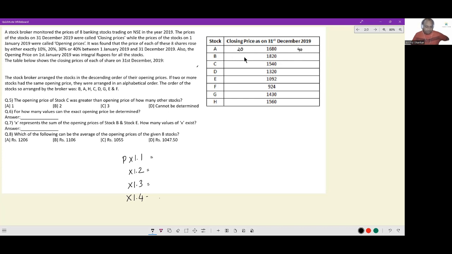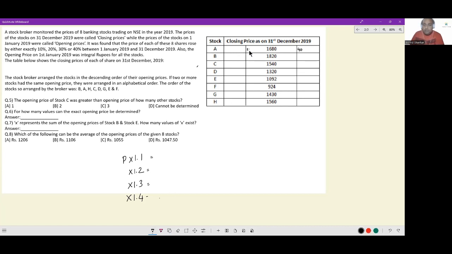So A, something into 1.2 leads to 1680. Let me write it in a manner that is nice. Let me draw lines first. Okay, now this will be fine.